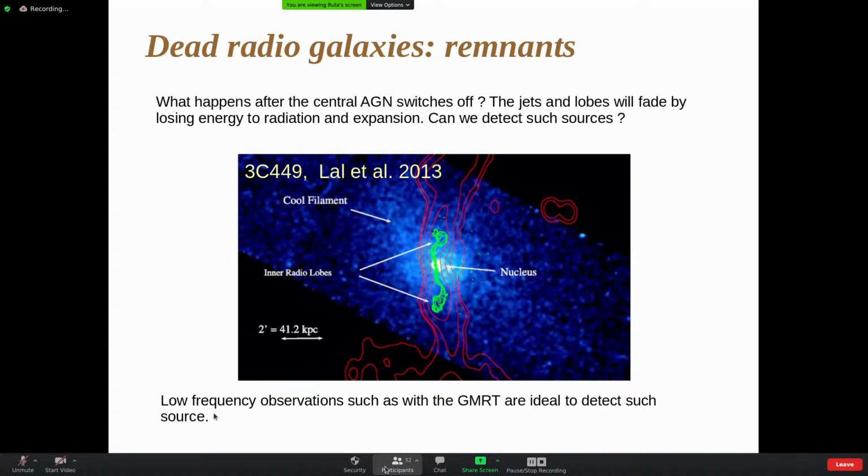People have put bounds on the dark matter particle masses by studying cluster mergers. What they do is use gravitational lensing. People often use weak lensing to trace the mass distribution.